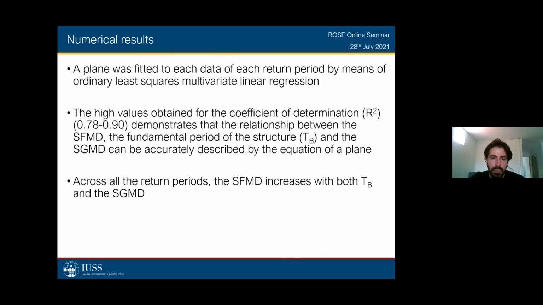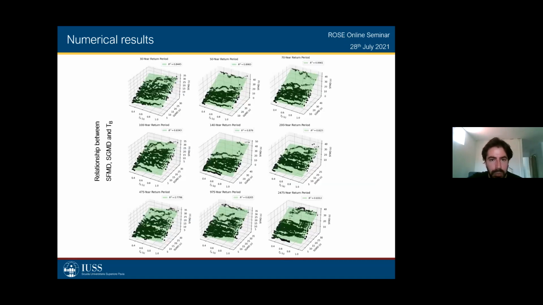A plane was fitted to the data of each return period by means of ordinary least squares multivariate linear regression. The high values obtained for the coefficient of determination range between 0.78 and 0.9. As you can see in this plot, for example, we have 0.84 in the first, 0.9 in the second, 0.85 in the third, and so on and so forth.